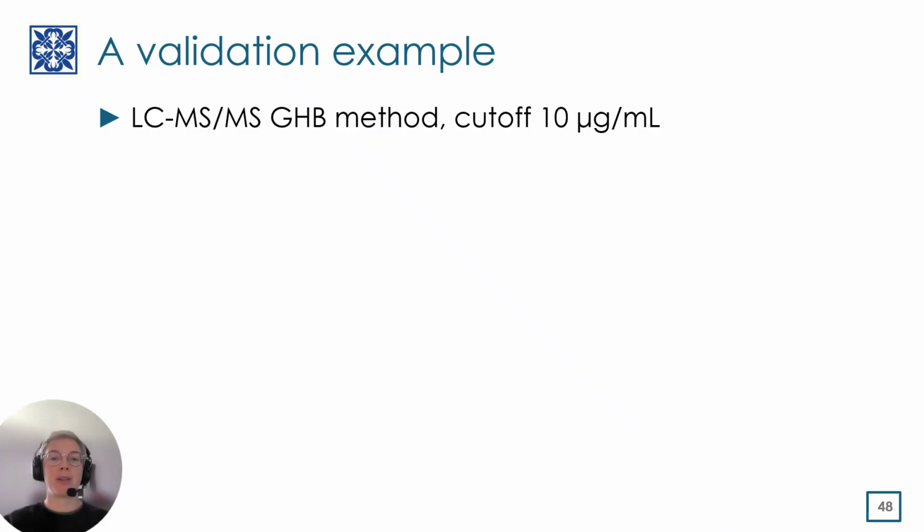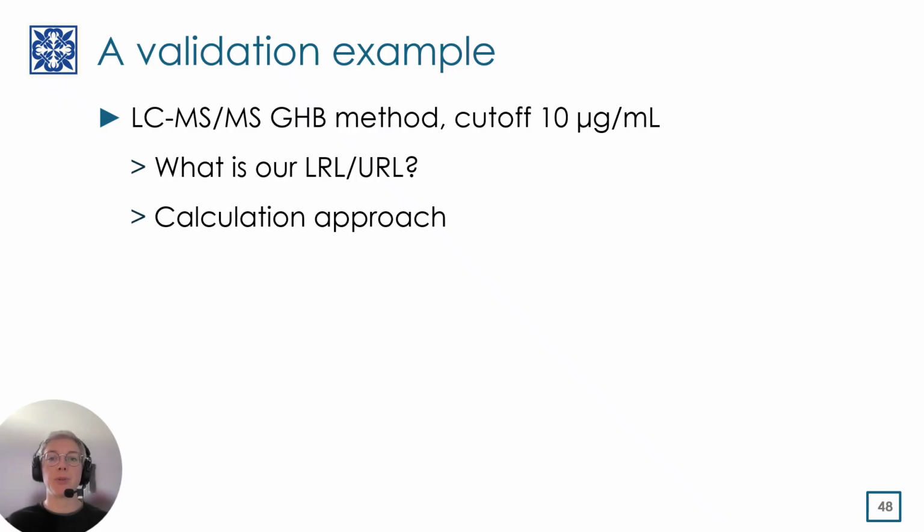We've developed our sample preparation and our chromatography, and now before we go into validation, we want to estimate our lower and upper limits of reliability. It's relevant here to have an unreliability zone that's not too wide because we're dealing with DUID cases after all, so we'll use the calculation approach.